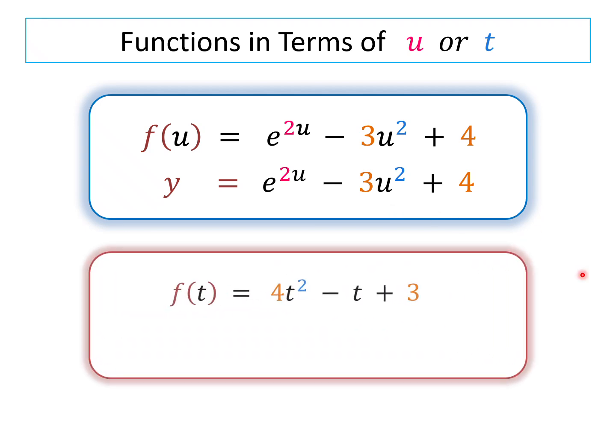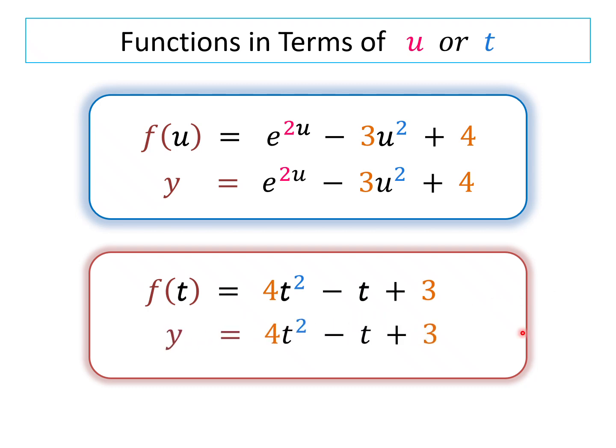Similarly, we have another function, say in terms of t. Generally, when a distance versus time function comes, at that time we make use of this t. So here the independent variable is t, and the function is in terms of t, and it can further be simplified as y equal to this.